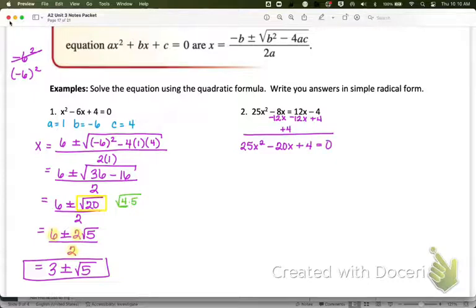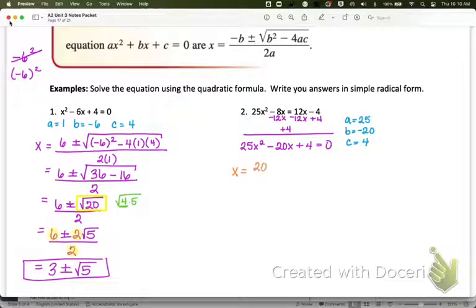So these are some big numbers over here now. So let's see what we've got. A is equal to 25, B is equal to negative 20, and C is equal to 4. Okie dokie. So let's plug it in. X is equal to the opposite of B. So B is negative 20.